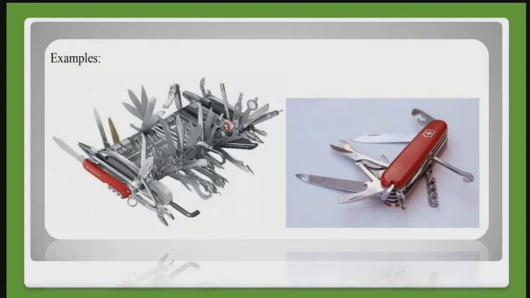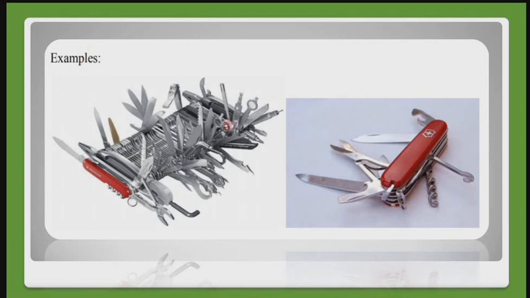Now these are the two examples. See, in the first one a lot of functions are available, you can see there. But the second one has limited functions. Which one will we prefer? We will prefer the second one, isn't it? Because it is compact in design with fewer tools, so we can travel with it, we can take it to any place.